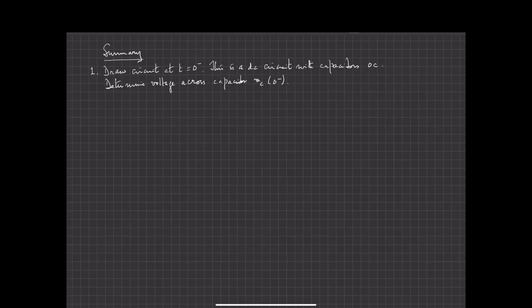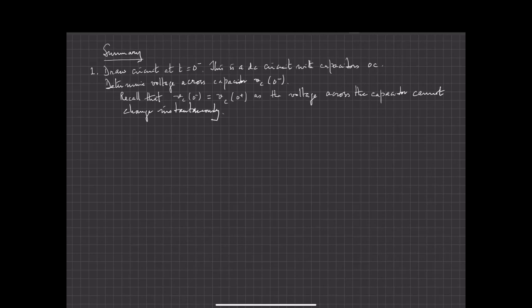Recall that VC at 0 minus is equal to VC at 0 plus, as the voltage across the capacitor cannot change instantaneously.